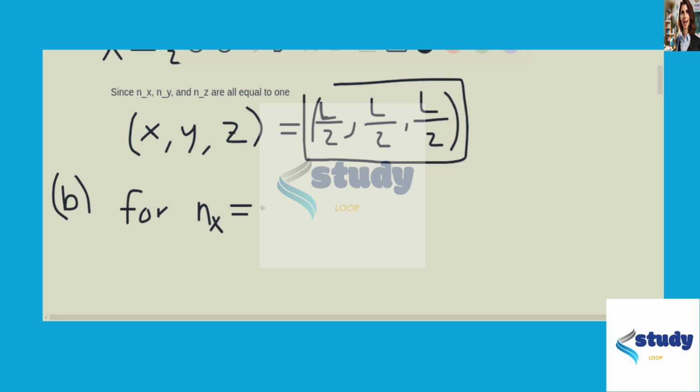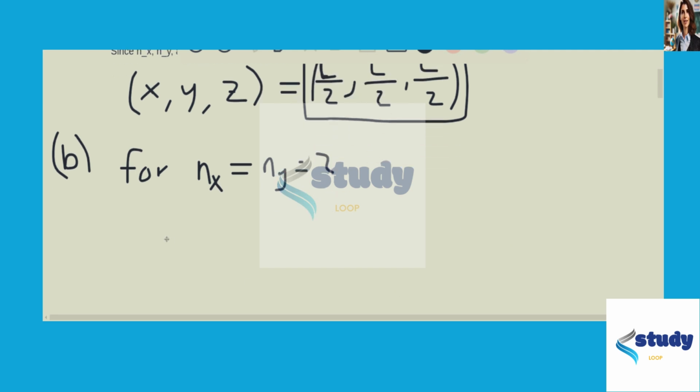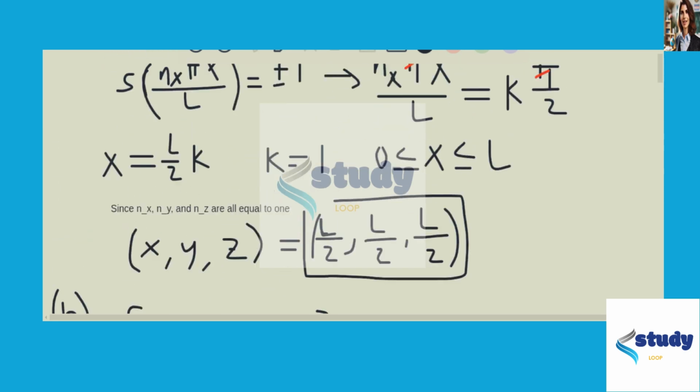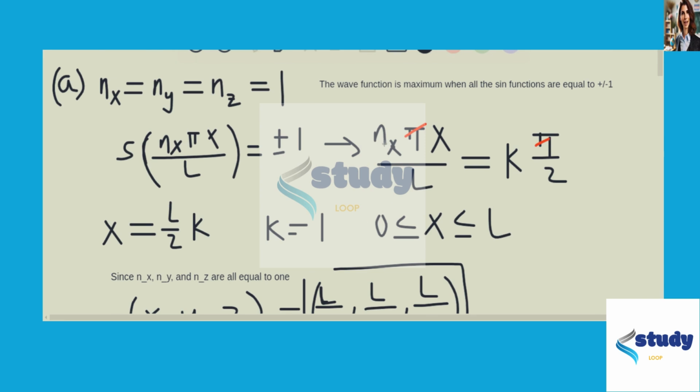We're going to get the exact same solution, except for this time, n x and n y are different values.